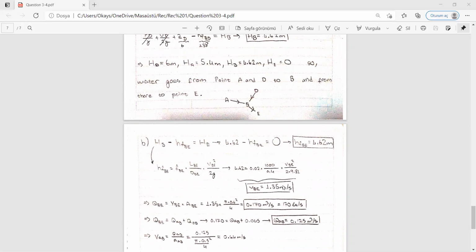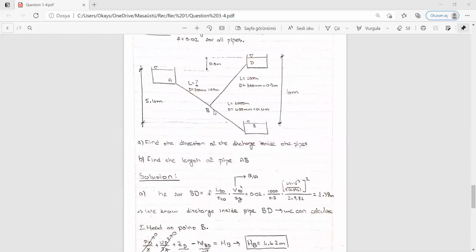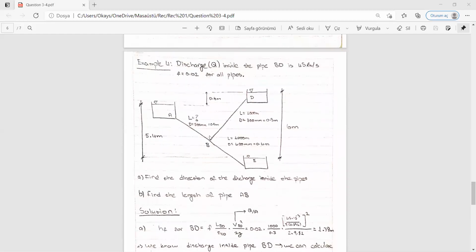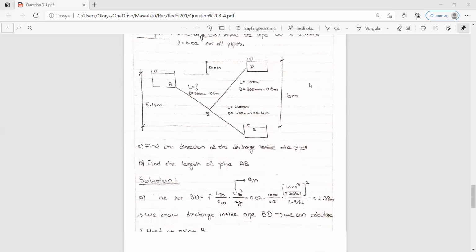Okay. Then what is the discharge? Discharge is equal to velocity times cross-section area of the pipe. So it is 1.35 times pi d square over 4. So discharge is found as 0.170 meter cube per second. So we found the discharge in this pipe, and we know the discharge in this pipe. It is given to us, it was 45 liters per second, which means 0.045.